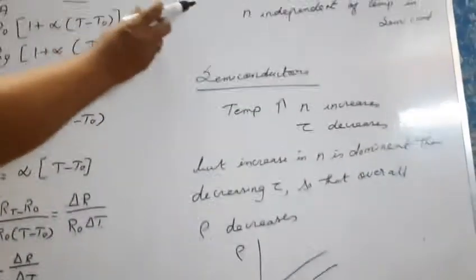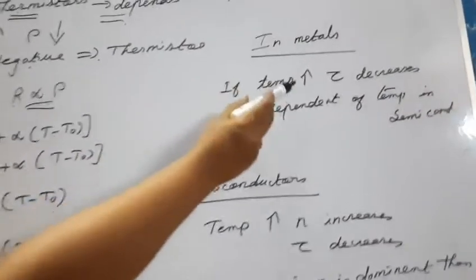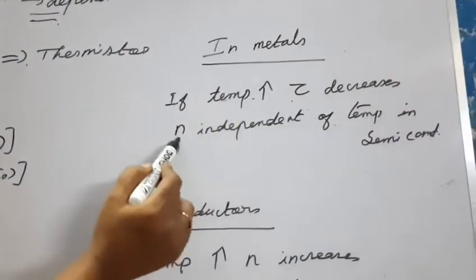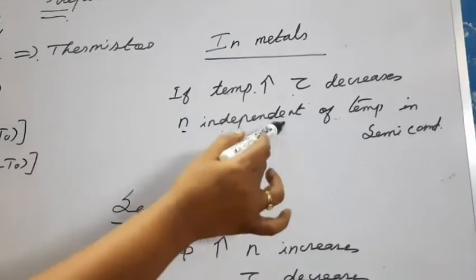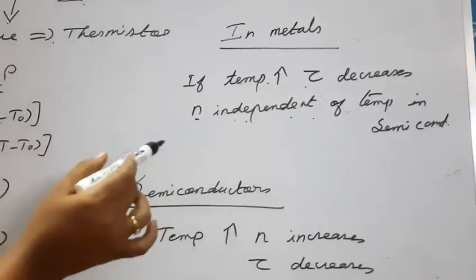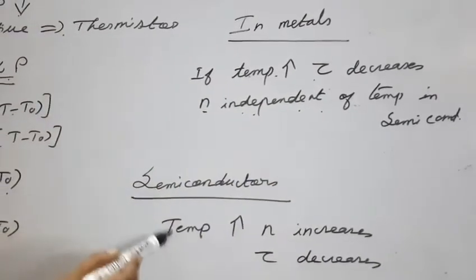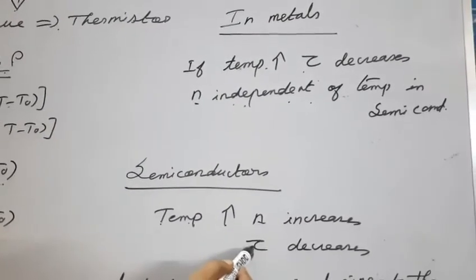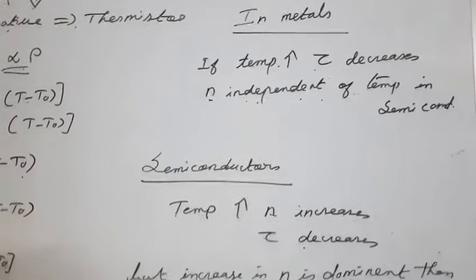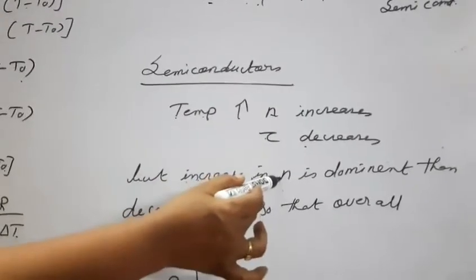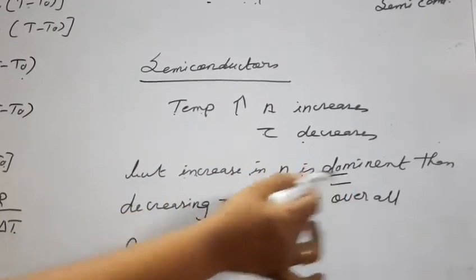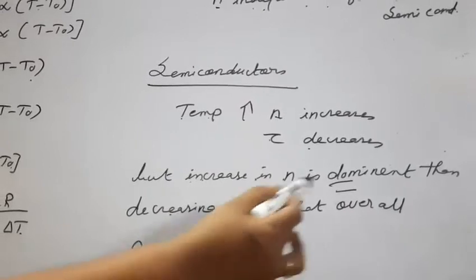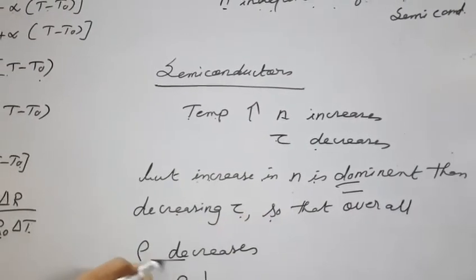In metals, if temperature increases, tau decreases, but the n value is independent of temperature. But in semiconductors, as the temperature increases, n increases and tau decreases, but the increase in n dominates the decrease in tau. Therefore the resistivity overall decreases.